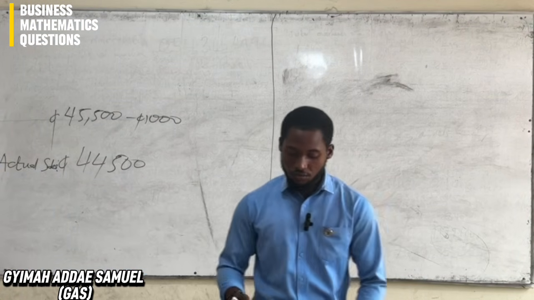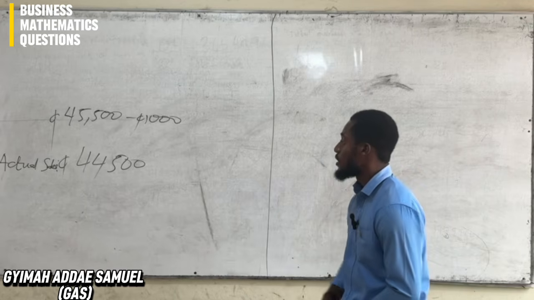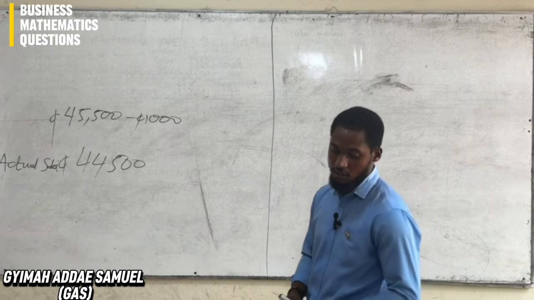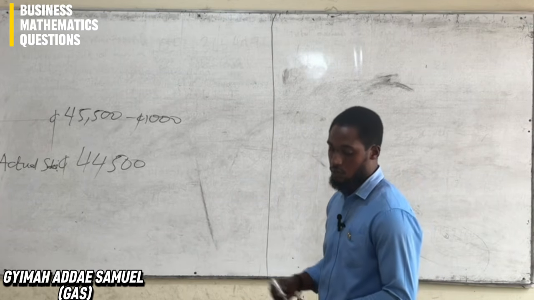So now we can proceed by solving our commission. So we can go ahead to subtract our quota from the actual sales.